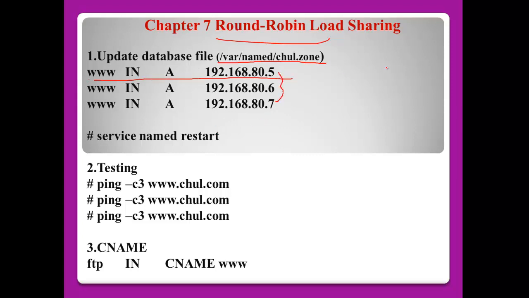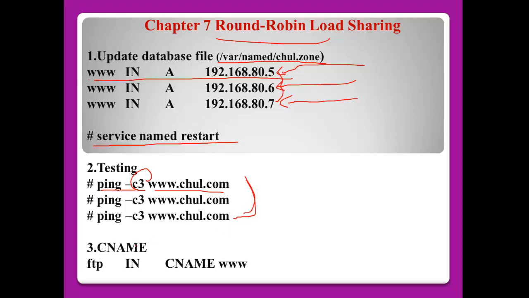Some users will access this one, some users 8.6 and some users 8.7. Then your load will be shared using round robin. After that, service named restart, then test using ping with count number 3. And this will show different IP addresses.